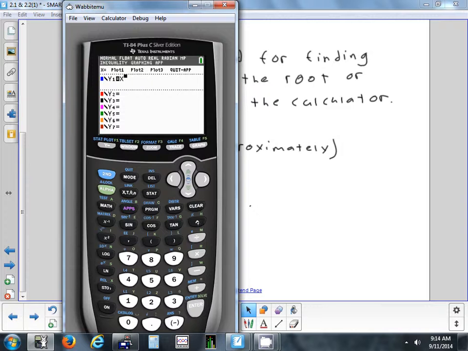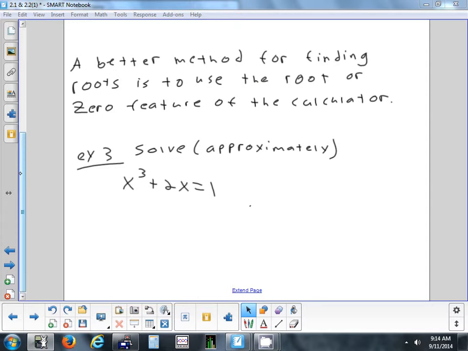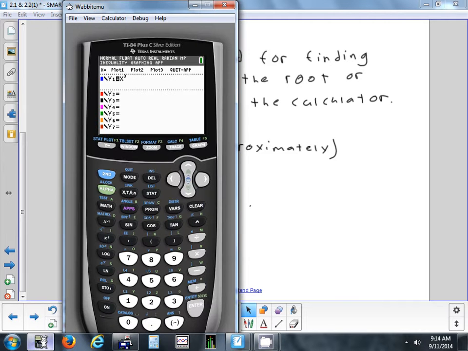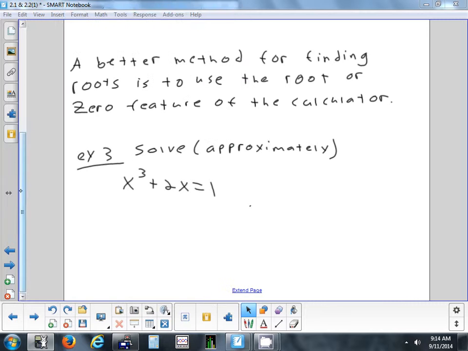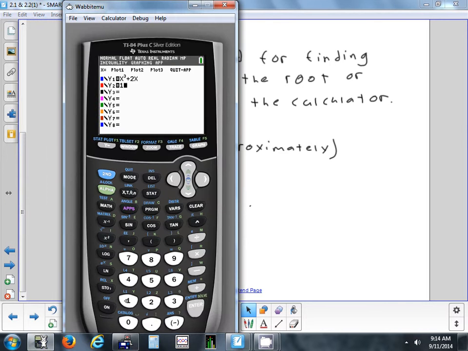So we have x cubed plus 2x, and we have 1. Just remember, we're not looking for roots here, we're looking for where they cross.